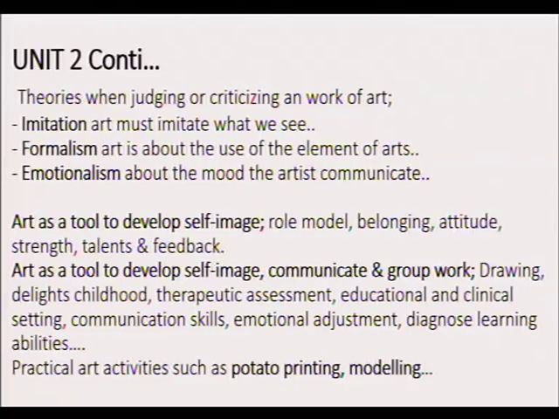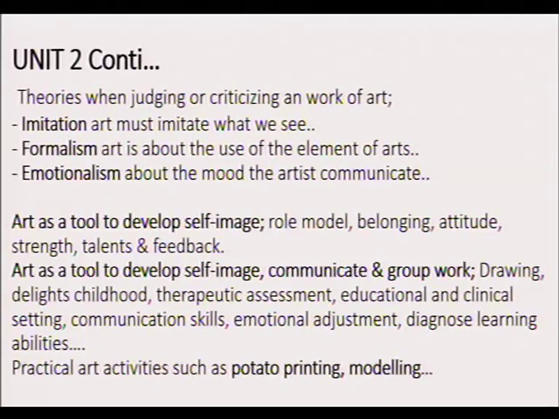And then also, there are theories around it, theories you should take into consideration when you're looking at a specific artwork. Here we are no more talking about critique, now we are judging. These are theories for judging, or criticizing, an artwork. Theories are always different findings by different studies.